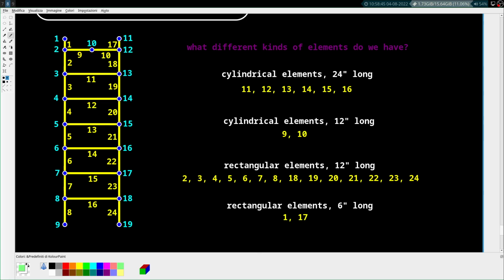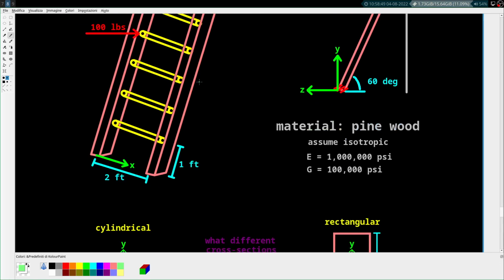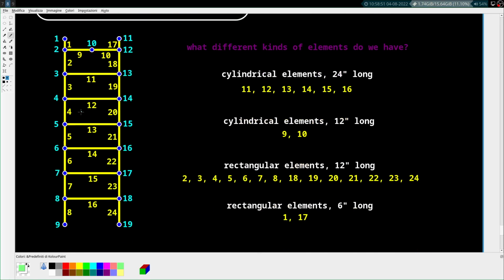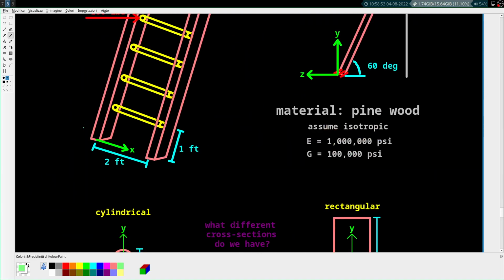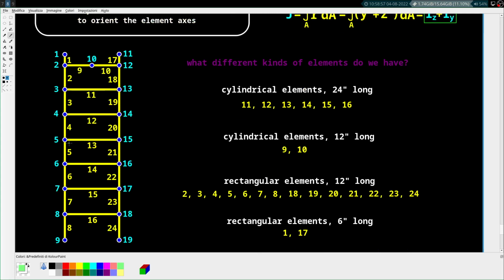I put one node here where the guy is standing, because you can't apply a force without having a node. And the guy that's pushing over here at node 5, I put a node there, just because he's pushing there, we have to have a node there. And so nodes 1 through 19, and then elements 1, 2, 3, 4, all the way down, and then down the rungs, and then down the right side, all the way to 24.